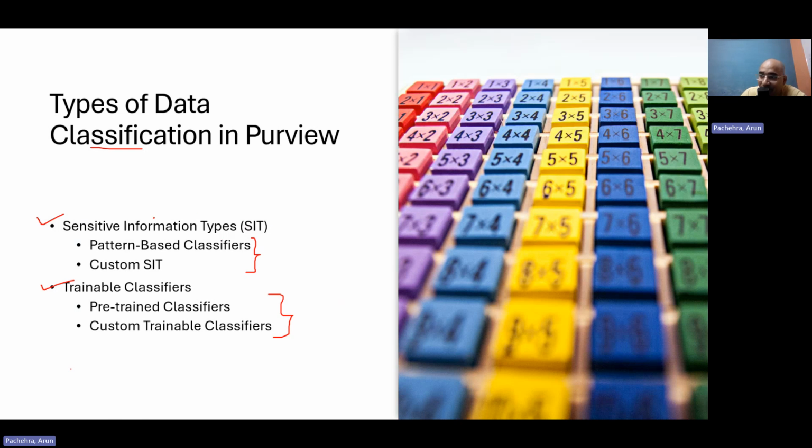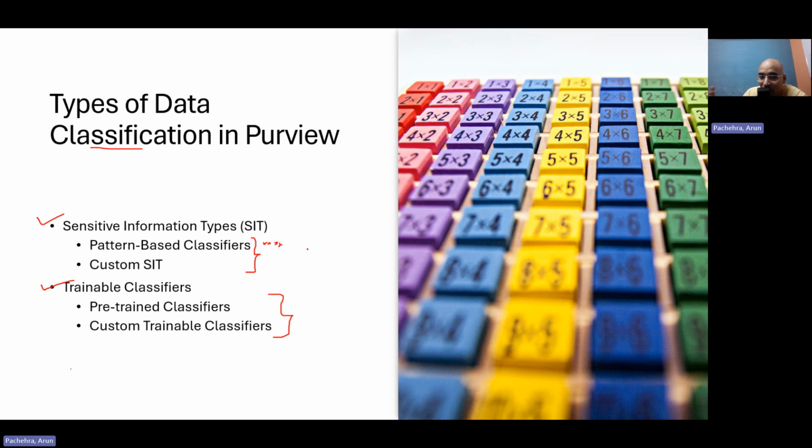So how does it work? If it is a pattern-based classifier, there is a proper pattern, and it uses regex, pattern matching, keyword dictionaries, or checksums to detect specific data formats. Like we know the credit card format, like there are phone numbers like this, 444. This is the credit card format.